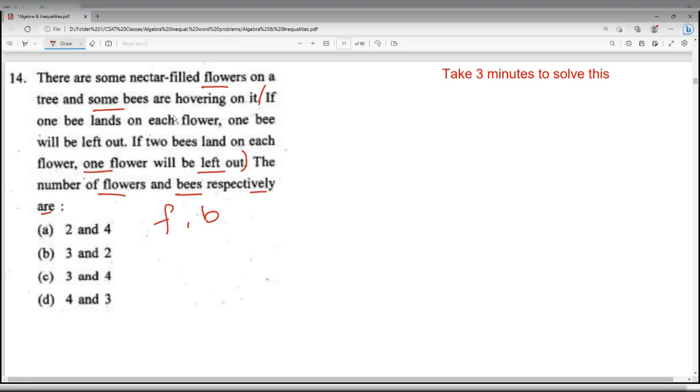Just as an example so that it becomes easy to write an equation: if the flowers are 10, then the bees would be 11. So 10 bees will sit on the flowers, and one bee will be left out.